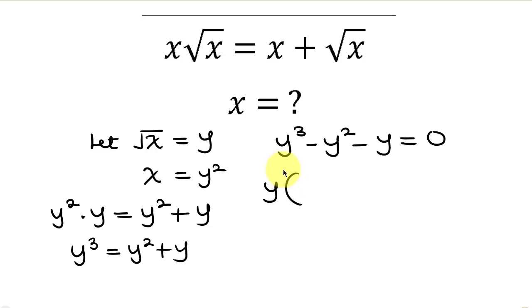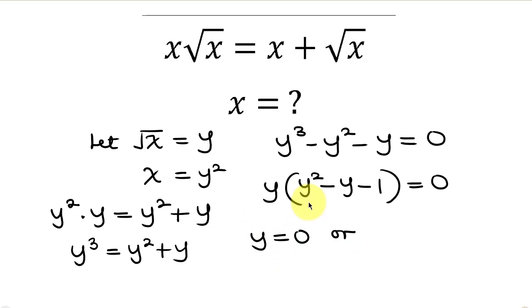Y cubed divided by y gives y squared, minus y squared divided by y gives y, minus y divided by y is 1. And this is equal to 0. So we have two cases. We have y equal to 0, or we have y squared minus y minus 1 equal to 0.